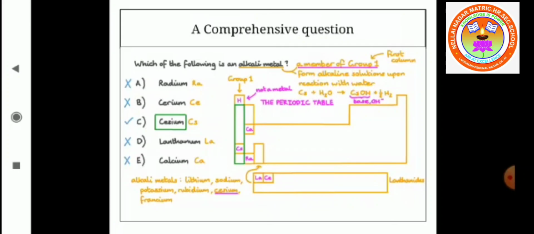So the second definition I told is for base. Cesium acts as a base when dissolved in water. Cesium, when dissolved in water, forms cesium hydroxide, CsOH. It is a base, and that's why cesium is placed in alkali metals. So the answer for this question is cesium. Cesium belongs to alkali metals.